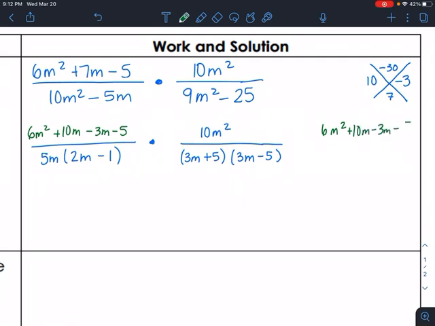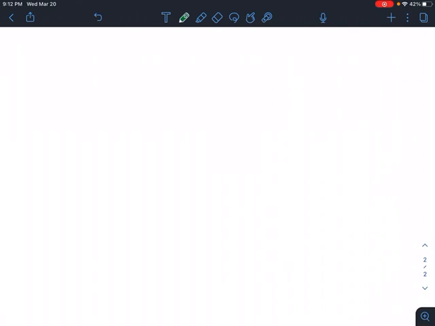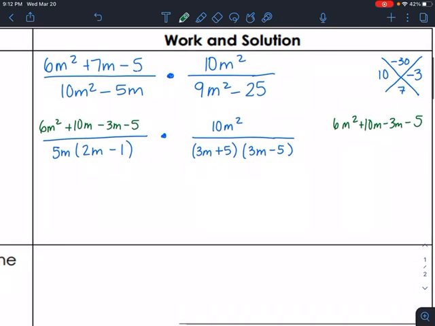If I factor again, 6 and 10 have a 2 in common, so this will be 2m times 3m plus 5, and then I'm going to factor out a negative 1 times 3m plus 5, and then this becomes 2m minus 1 times 3m plus 5.